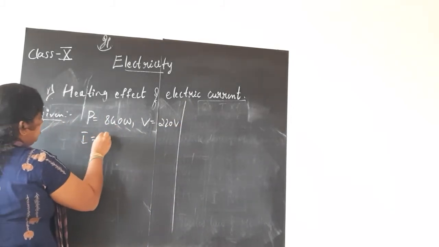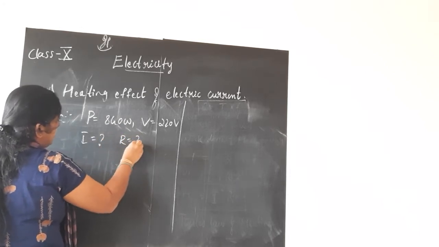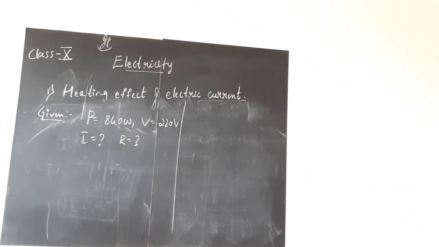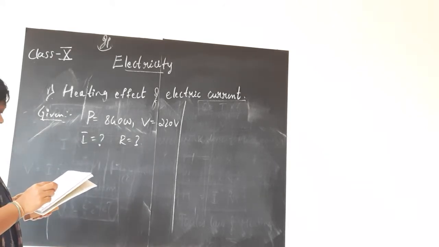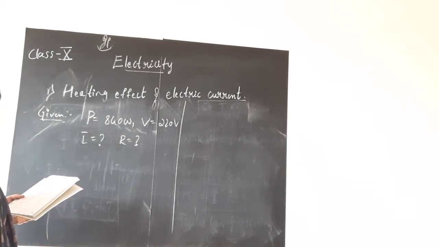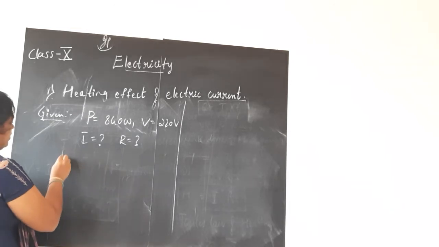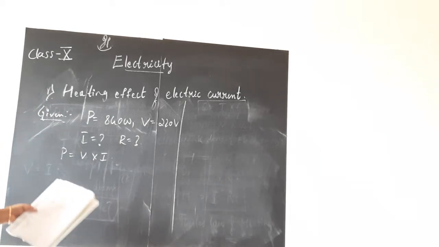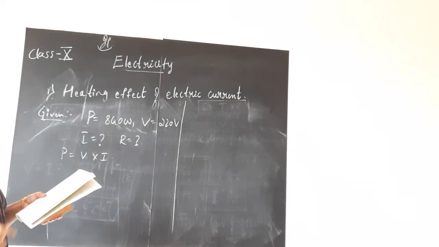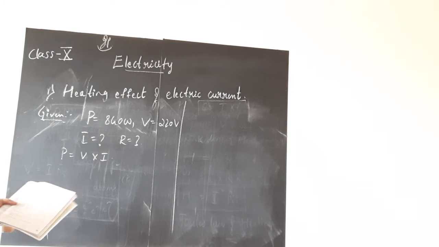We need to find the current and the resistance. Here we know the formula. Just now we learned the formula for power. What is it? P is equal to V into I. Here we need to find both the current and the resistance, children.